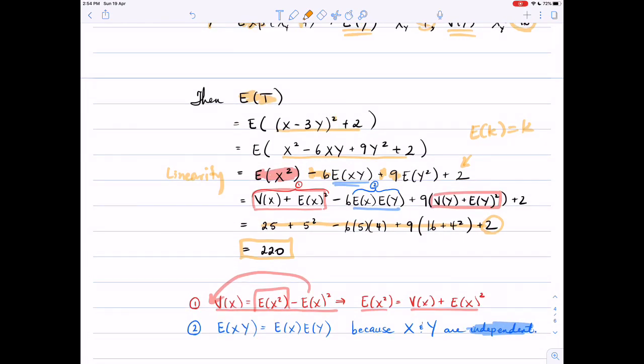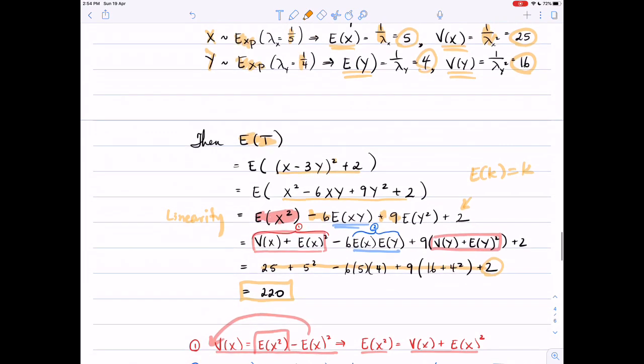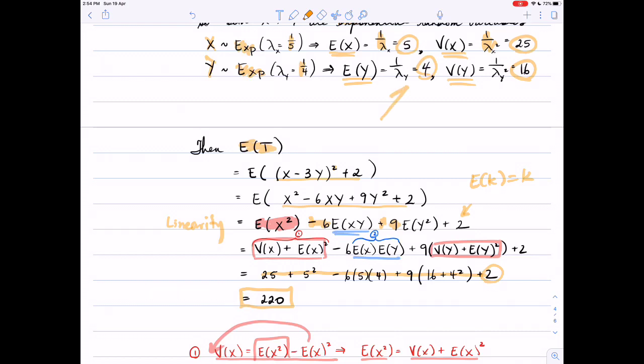So it is much easier to use our memory of the expected value and the variance of the exponential random variable and the properties of the expected value to calculate this. Much quicker than to integrate.